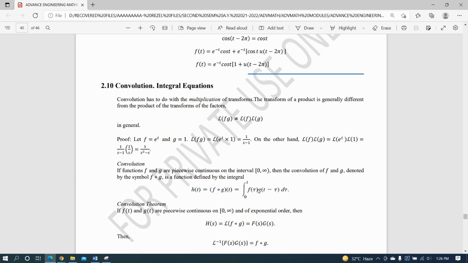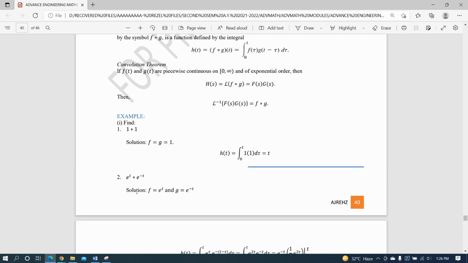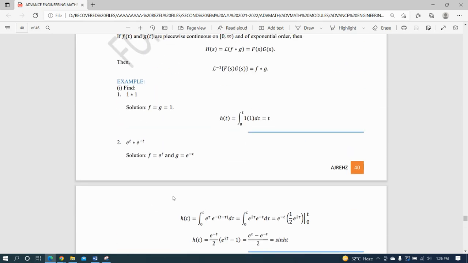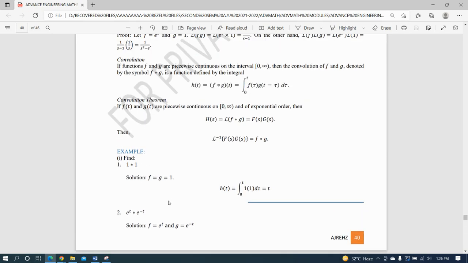So, to determine h of t, guys, sa 1, 2, 3 examples natin, dinedetermine natin yung h of t, which is the convolution of f and g, given f of t and g of t.